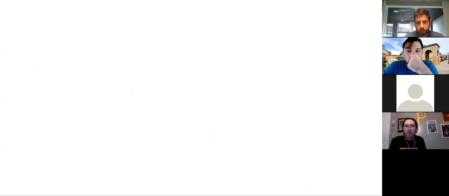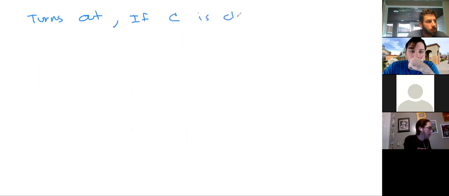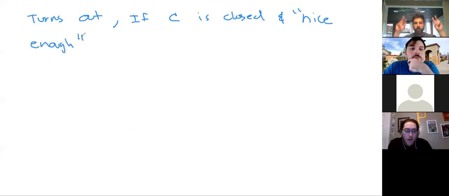So I alluded to this at the end of class on Monday. If C is closed, and it doesn't necessarily have to be simple, but let's just kill all those technicalities with this. So suppose our curve is nice enough. What can that mean? That means things like it's simple, or has certain things about its continuity and what's happening inside of it.